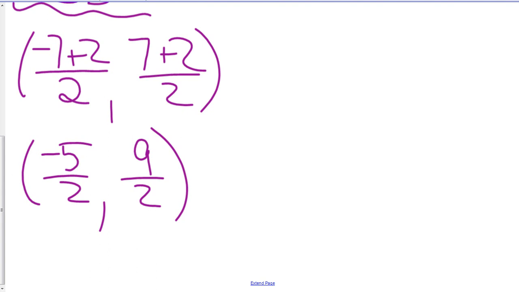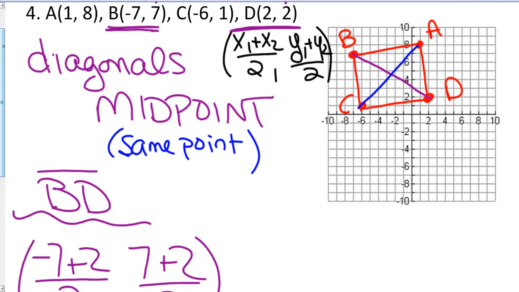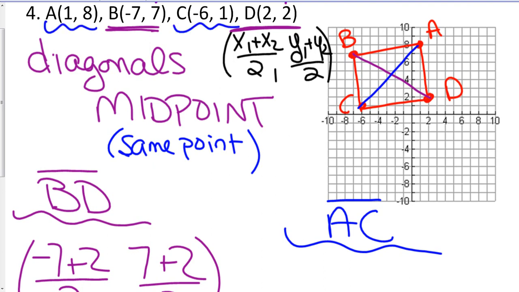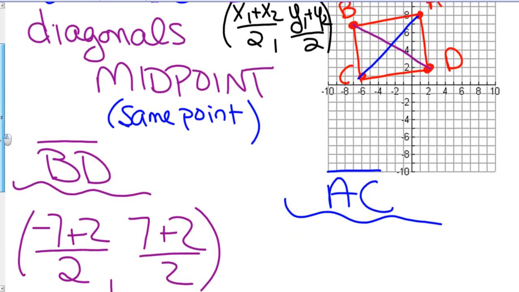Now all I have to do is go and check the midpoint of the other diagonal. The other diagonal is AC. So we're working with that one now. And again, we're just going to use the same formula, x1 plus x2 over 2, comma, y1 plus y2 over 2. So when I go for A and C, our x values are 1 and negative 6.